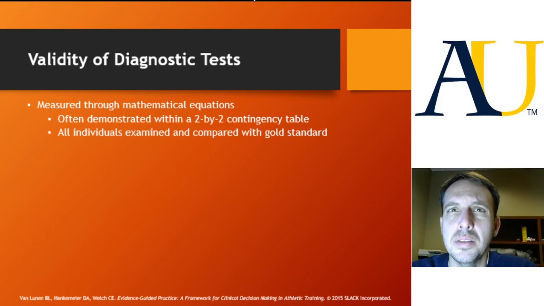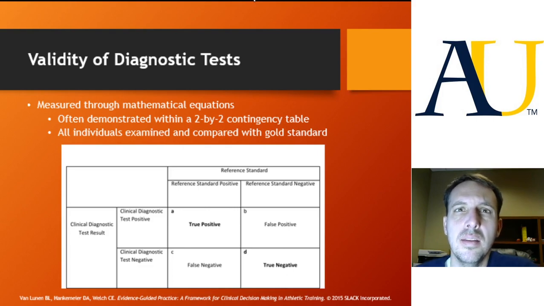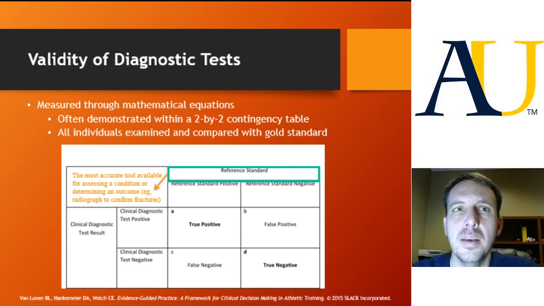And so when we look at diagnostic tests, oftentimes what we'll see is this 2x2 contingency table where we're comparing all of the different conditions that can be associated with the diagnostic research. Basically, the idea that the reference standard can then be used, and the reference standard is going to be the standard that we're most able to predict what is occurring.